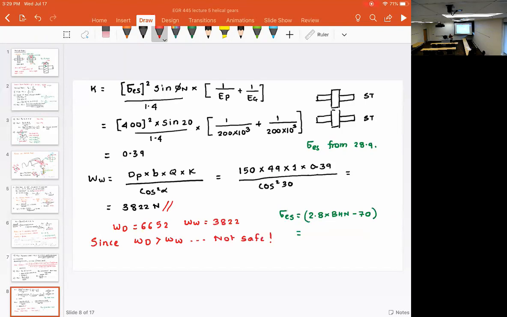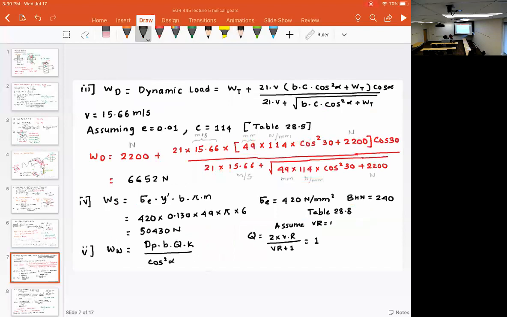So the easiest thing to do is increase the value of B. Assume B is equal to 100 millimeters, but here is something you should be careful about.